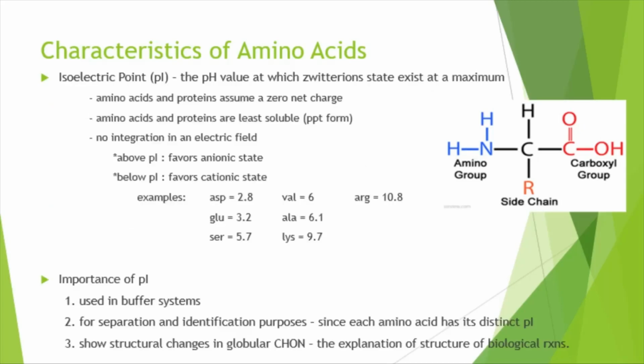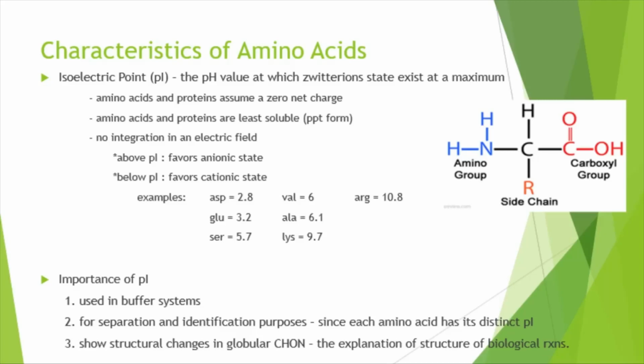Next, we have your isoelectric point. This is a pH value at which the Zwitter ion state exists at a maximum. There is a specific pH where your amino acid achieves being a Zwitter ion or dipolar ion. Amino acids and proteins assume a zero net charge when they have a neutral charge.